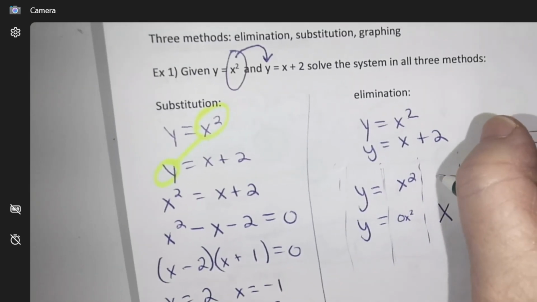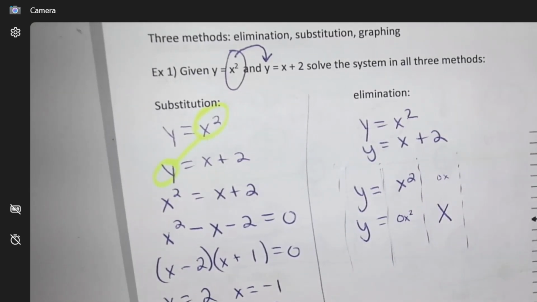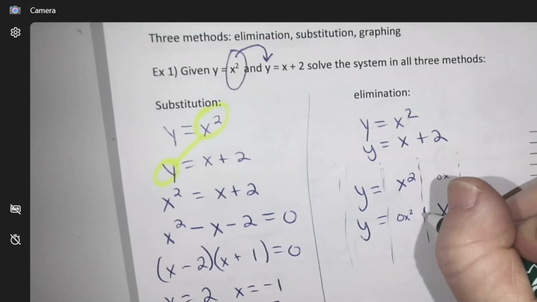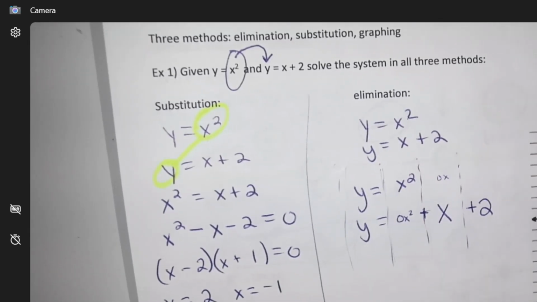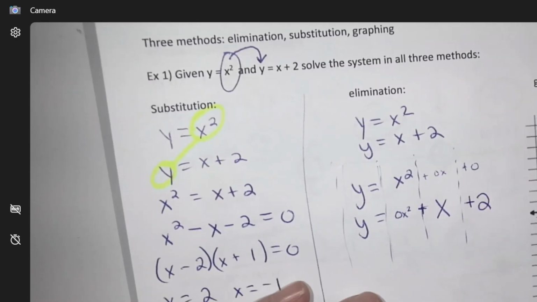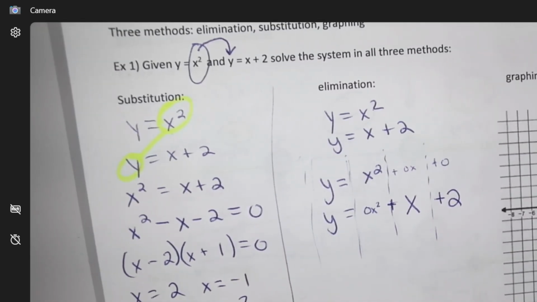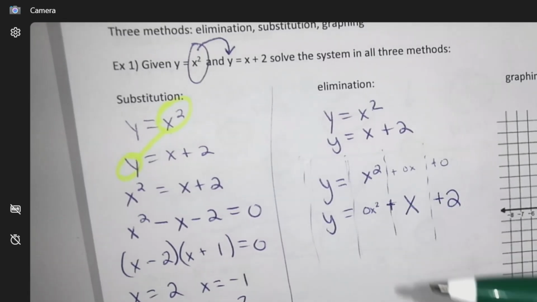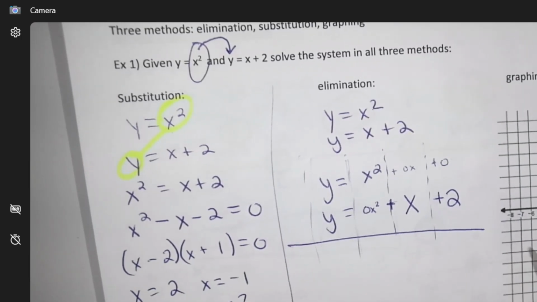If I really want, I can put 0x there, kind of to understand there's no x's in that column. And then so if I really wanted to, I could understand that there's nothing there, nothing there, nothing there if I am matching it up.